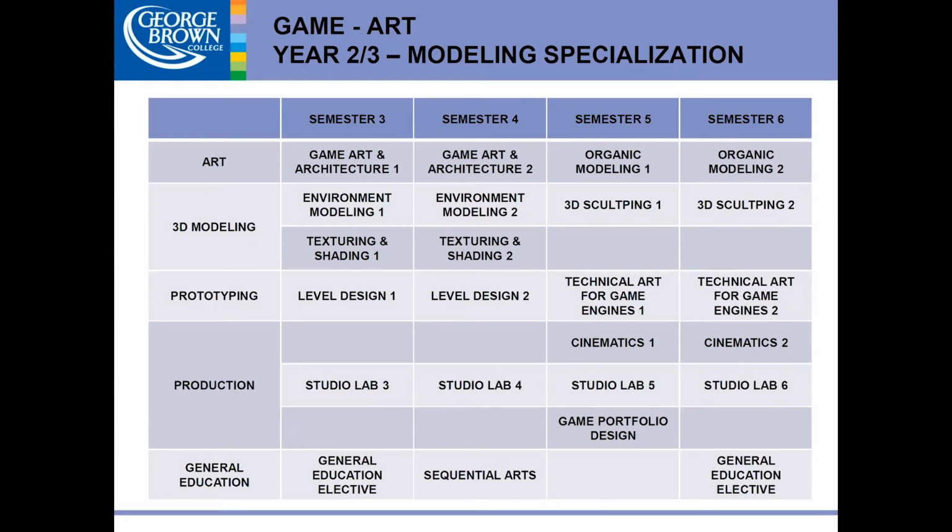And they'll also learn modeling skills, but texturing skills as well, so that they can really bring those pieces to life. Finally, as I mentioned earlier, they will have an opportunity to bring their art into a game engine. And so that's what our level design courses are. And similar to first year, they'll also have an opportunity to complete a field placement.